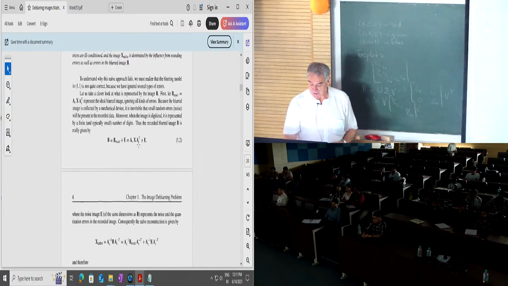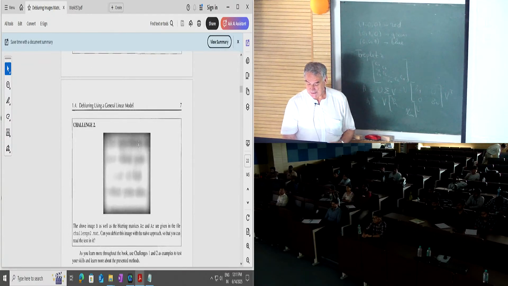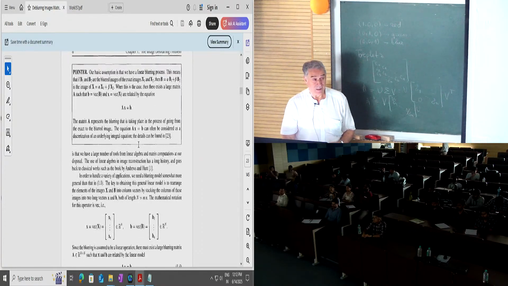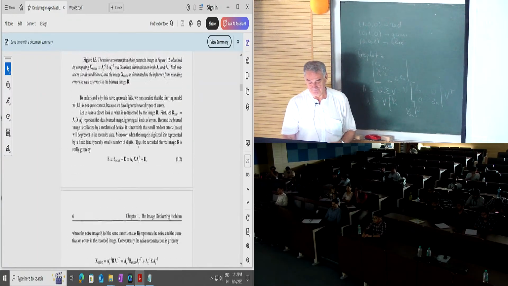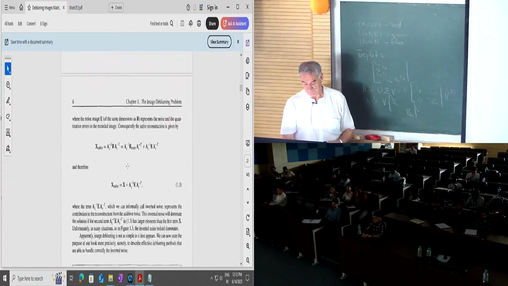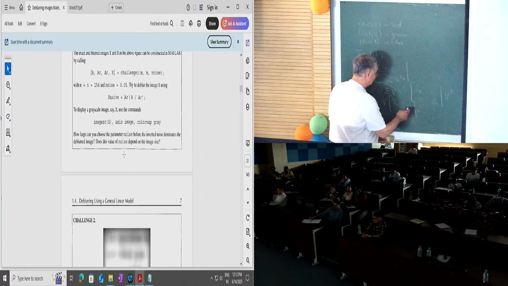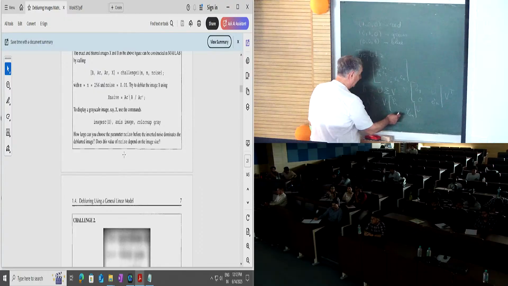After that, the next attempt is to use truncated singular value decomposition, where we use a smaller number of singular values.